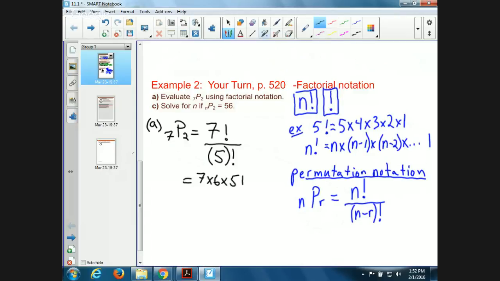So I could say 7 times 6 times 5 factorial, because that's 5, 4, 3, 2, 1 multiplied. On the bottom, I have 5 factorial. Hey, you notice something? Identical numerator and denominator factors of 5 factorial. This isn't that hard to calculate after all. So, 42.